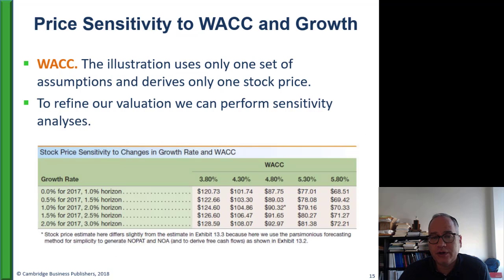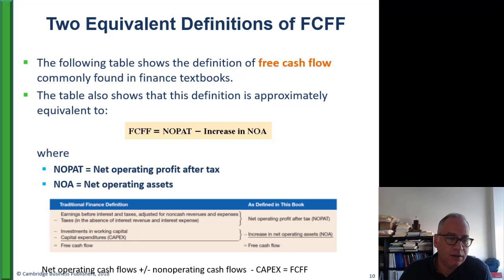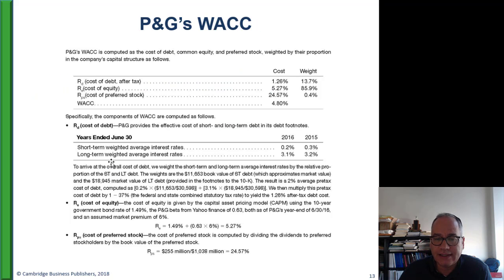Now, what you also want to do is see how sensitive $99 is to certain measures. We made certain assumptions when we were developing our weighted average cost of capital. For example, when we look at debt, we're looking at existing debt, but in reality this may be variable debt, or this may be what they pay now, but if they were to borrow more money, they would have to pay a higher rate.